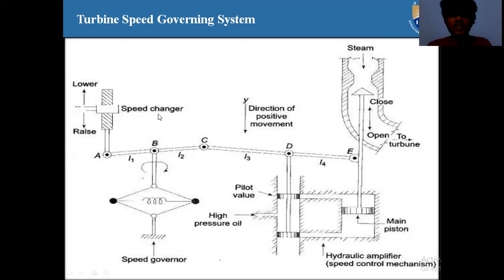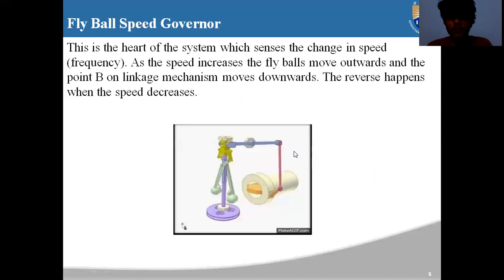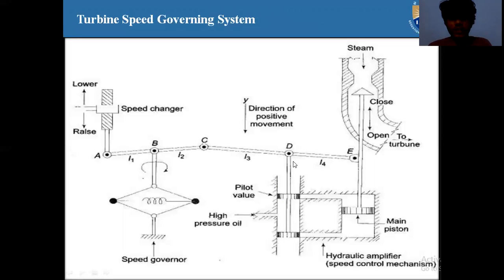When there is a change in the speed, like raising or lowering, the positions of these points also change. That is, when it is raised, there will be an elevation at C as well as a downward movement towards D. And due to this, we have high pressure oil over here, so there will be an opening and closing, which allows the steam towards the turbine.